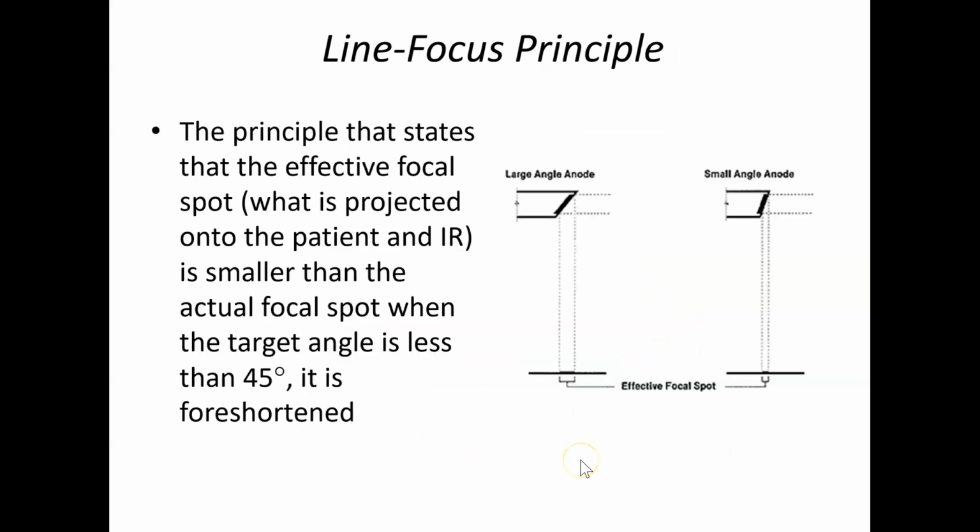And that brings us to the line focus principle, which states that the effective focal spot, which is down here, will be smaller than the actual focal spot, which is up here, as long as the target angle, this angle here, is less than 45 degrees.